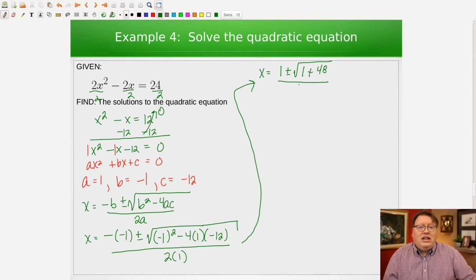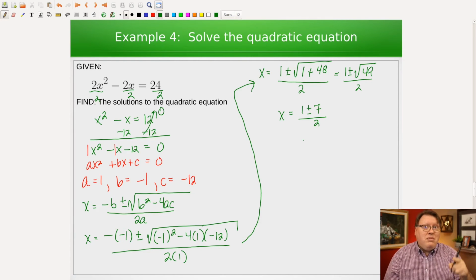And all of that is over 2 times 1, which is 2. So if I simplify this a little bit further, I get 1 plus or minus the square root of 49 over 2. I hope you guys realize 49 is a perfect square. We can take the square root of that. So the square root of 49 is 7. So we end up with x equal to 1 plus or minus 7 divided by 2.